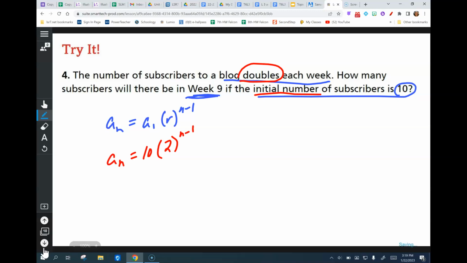Now I'm going to find a sub 9. So I'm going to plug in 10 times 2 to the 9 minus 1. So 10 times 2 to the 8th, pull out that calculator.